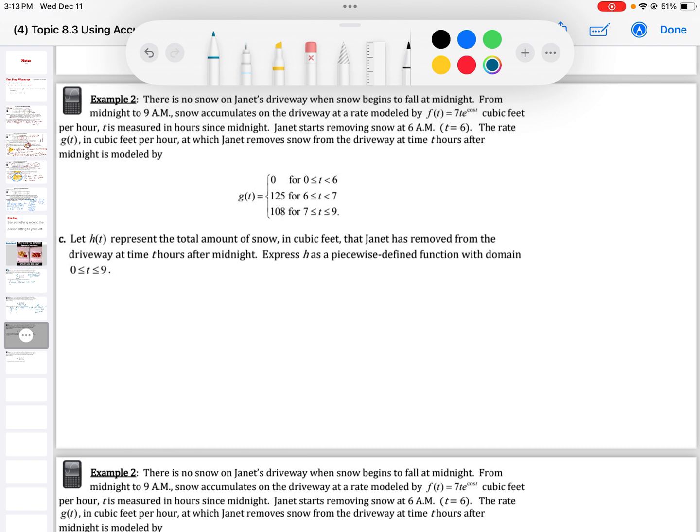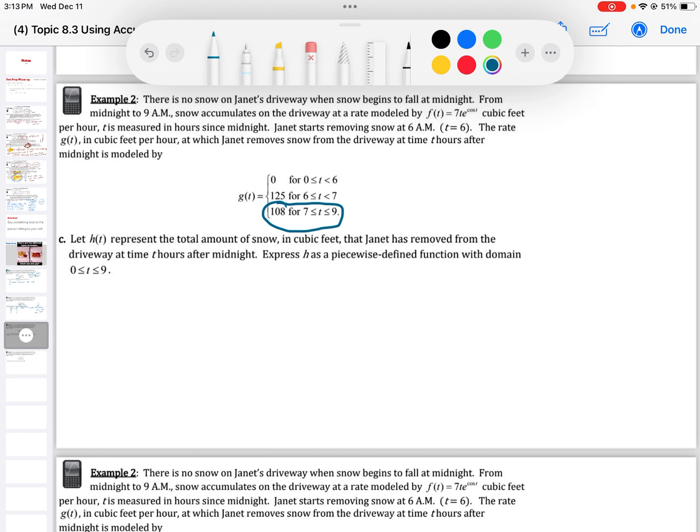And it's just going to work out for this one. So if she's removing it at a rate at some point that's faster than it's coming down, she'd be removing less snow than there was, right? But this is built in. We're just saying there's snow there, and the snow is being removed at that rate.